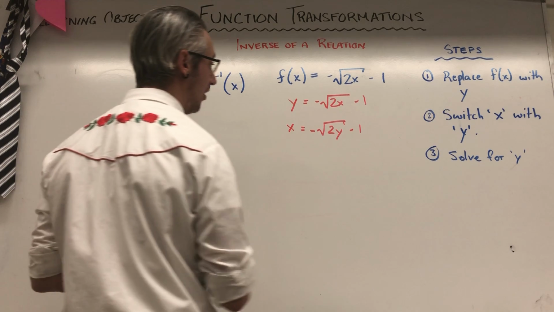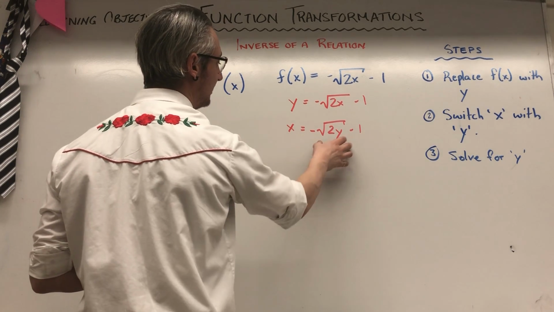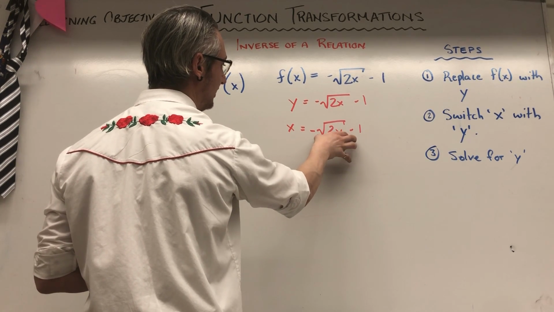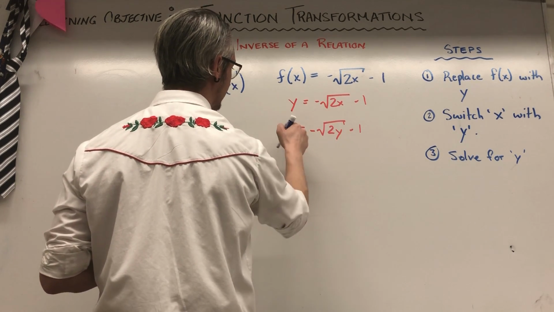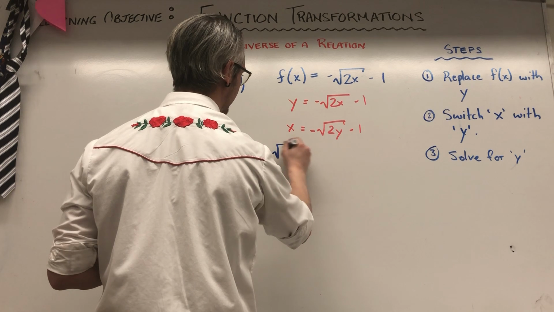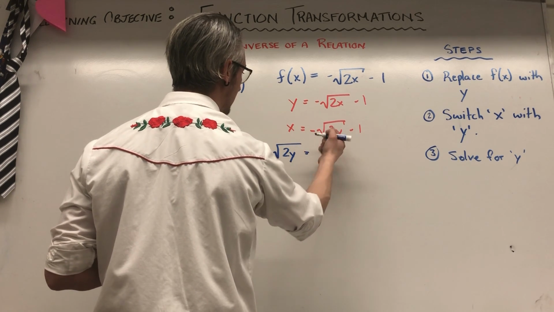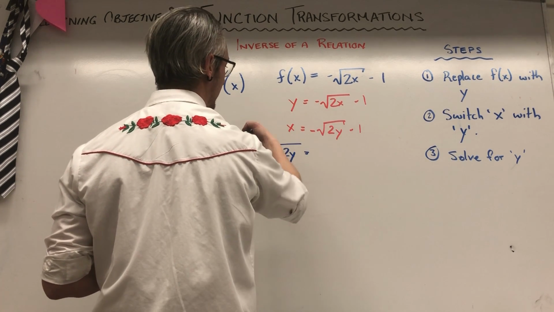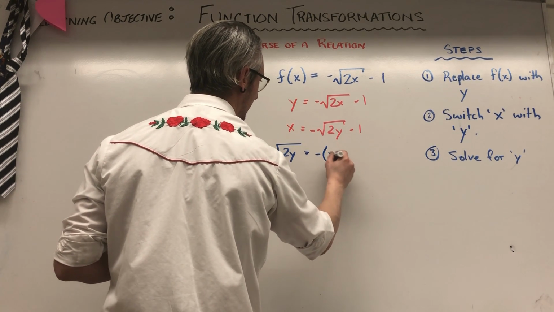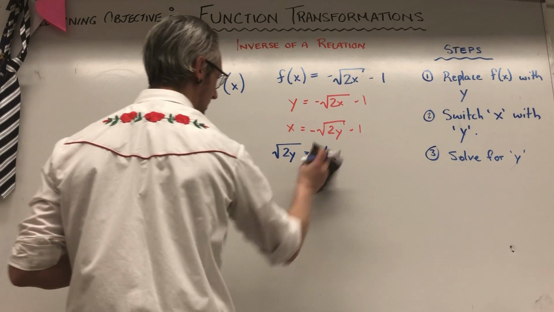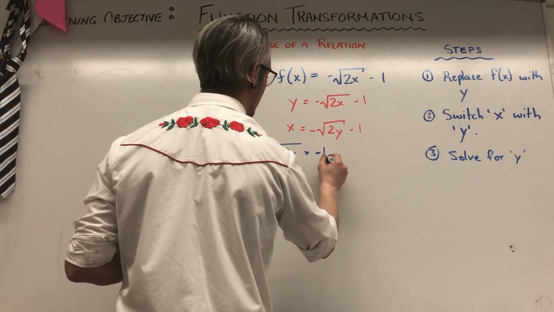Now we have to solve this radical equation. So the first thing is we need to isolate the radical. And I want it to be positive too. So I'm going to move that over here, and I'm going to move the x over there. And when I do that, I get the square root of 2y minus 1 is equal to negative 1 minus x.